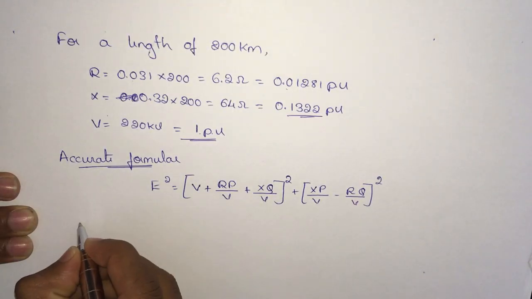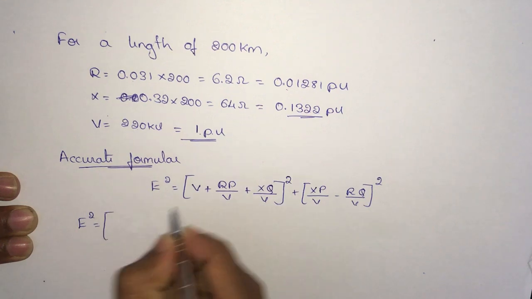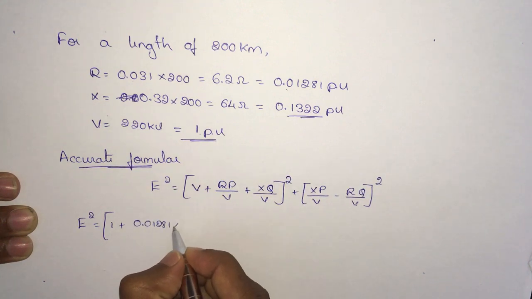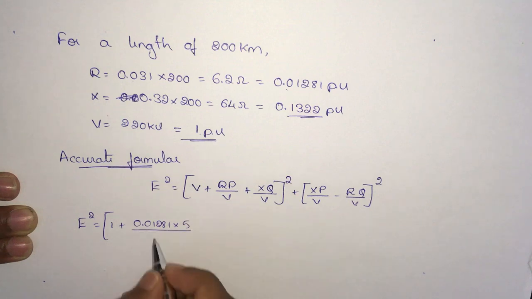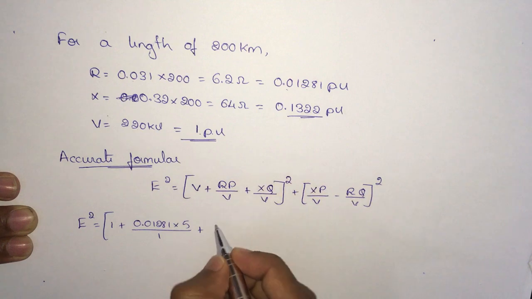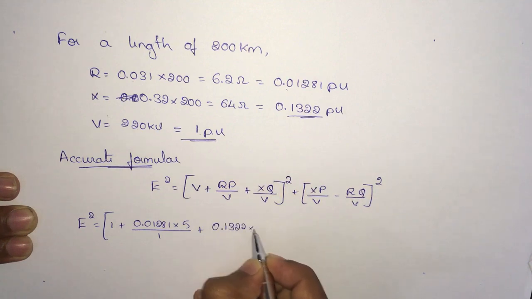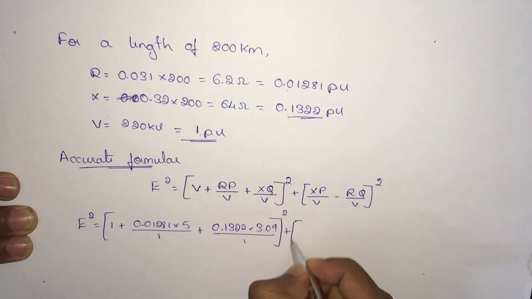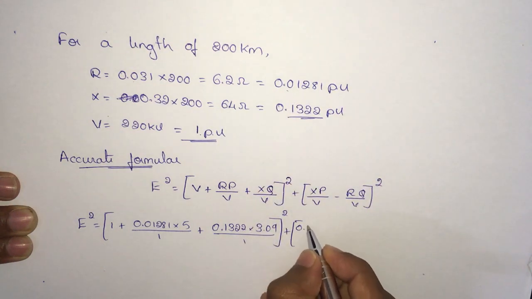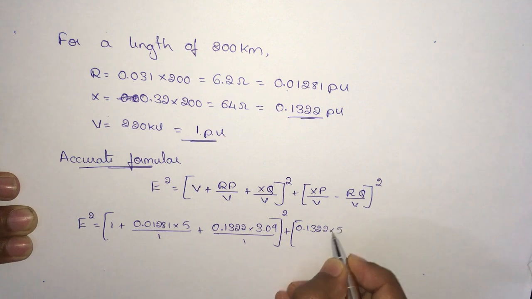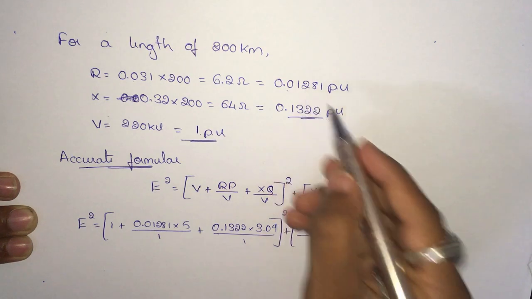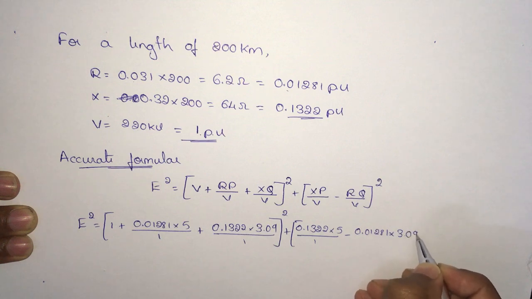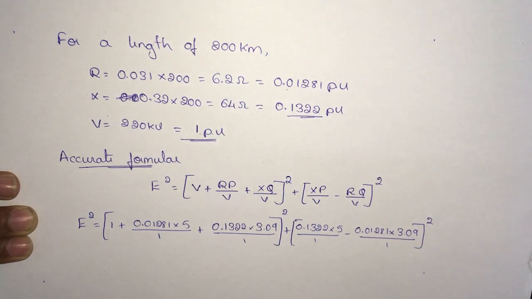Substituting all the values, E square is equal to V is 1 plus R is 0.0128 into P is 5 divided by V is 1 plus X is 0.1322 into Q is 3.09 divided by 1 whole square plus again X value is 0.1322 into P is 5 divided by 1 minus R is 0.0128 into Q is 3.09 divided by 1 whole square.